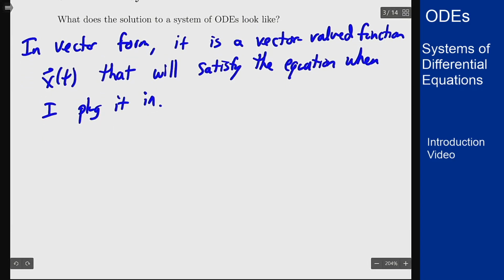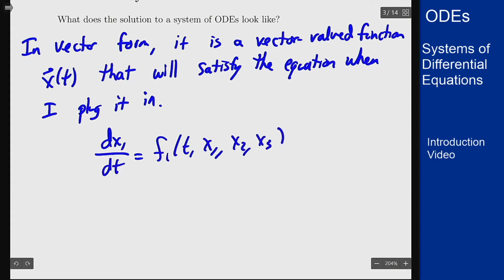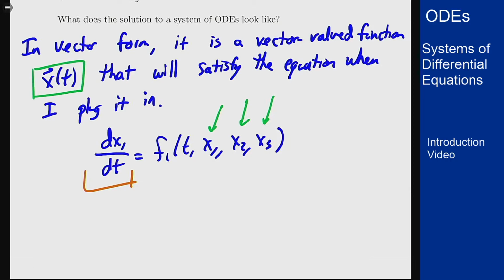So if I have an equation that has dx1 dt is f1 of t, x1, x2, and x3, so it's a three-component system, I need to check that if I plug x1 here and take the derivative, and then plug x1, x2, and x3 from this same vector x into the right-hand side, the equation works out. All the components are going to be involved in the process when you're trying to figure out if this solves the system.